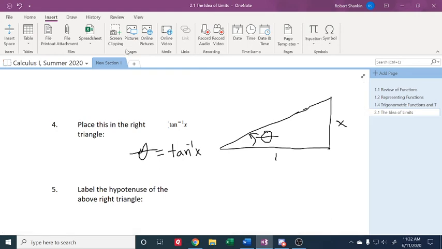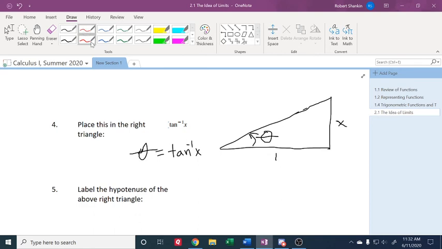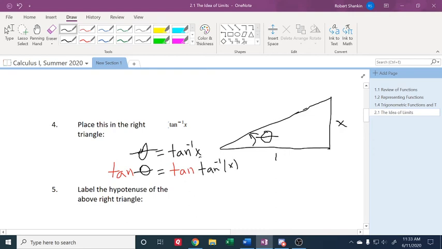In other words, we could take the tangent of both sides. When we take the tangent of theta, we get the tangent of the inverse tangent of x. These two cancel each other out.